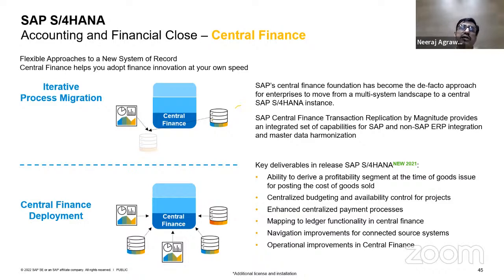And it can also help with some central services or shared services scenarios, where you can have your AP, AR services in one place. You can post your vendor invoices in here, which could make things much simpler.